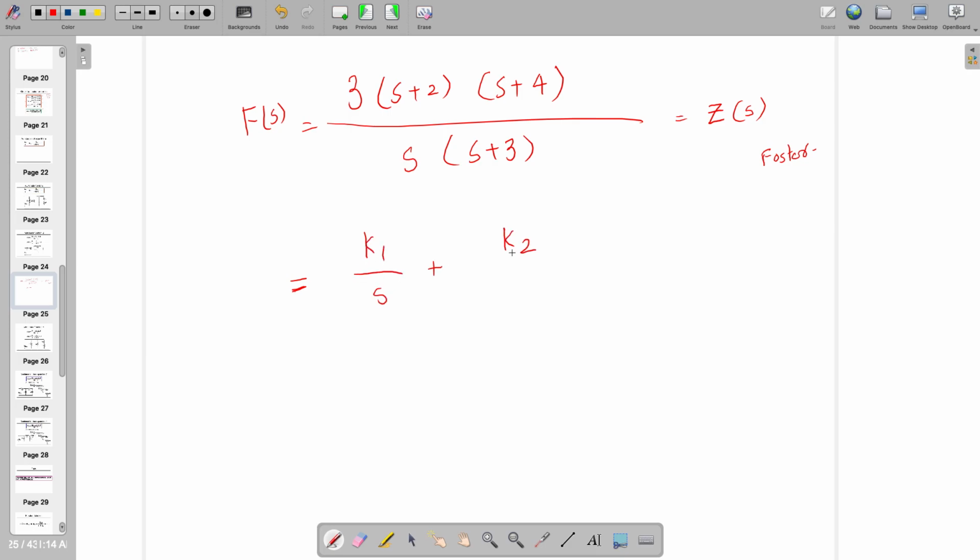This is also possible without finding any entry at DC. So there are two possible answers. Let's follow the book. So as per the book, you can find out K1 and K2. What will be K1? Yes, Pawan. So what will be the K1 value?